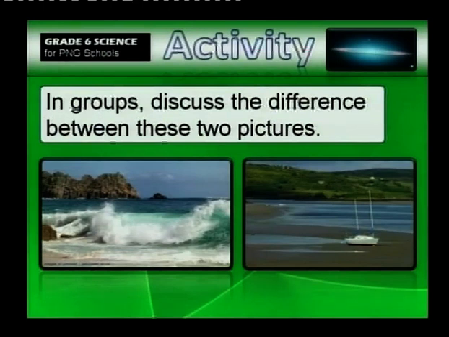All right, receiving students, you can give to teachers. Let's hear from the model class. What can you tell about these 2 pictures? What is the difference between these 2 pictures?